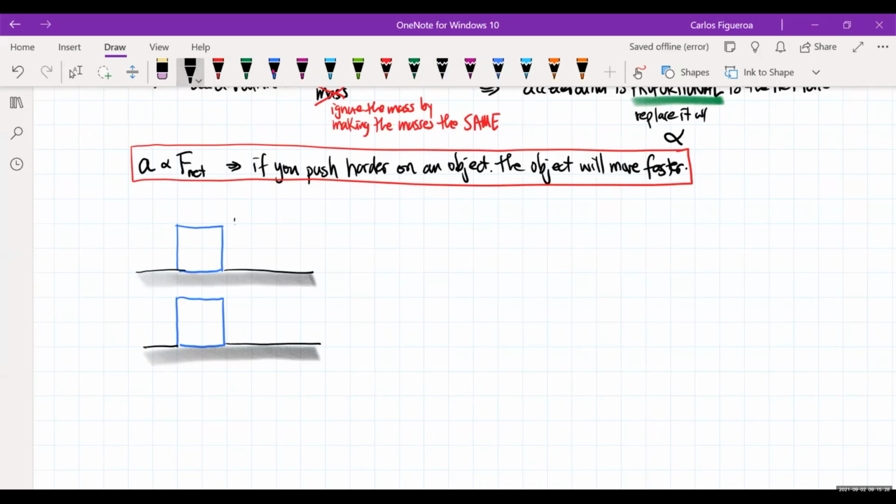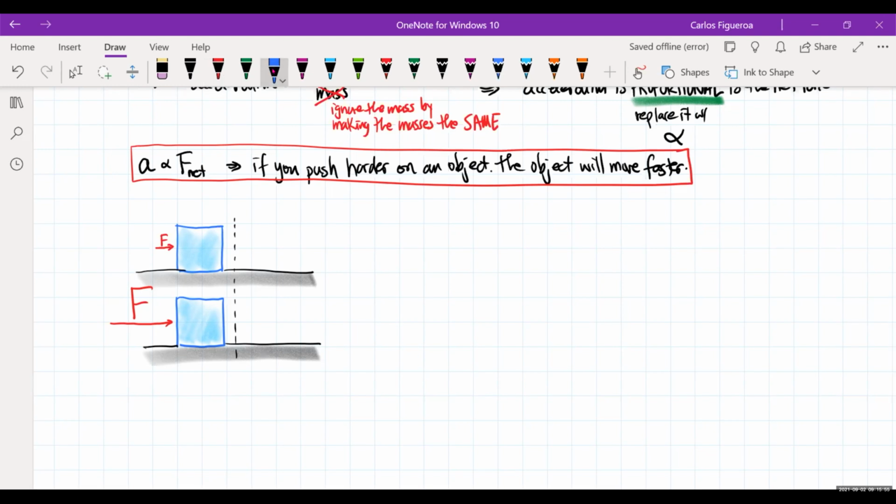Now I'm going to push on them. If I apply a small force to this versus me applying a bigger force, which one's going to move away faster? Of course, the one with the bigger force.